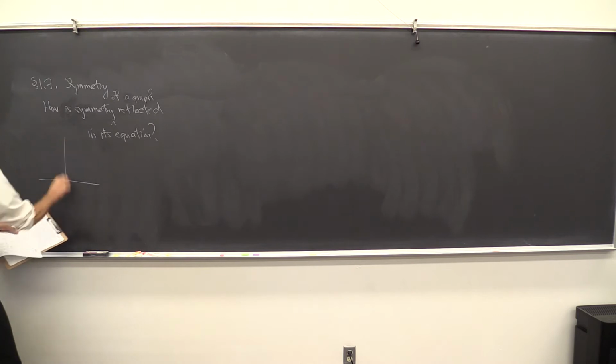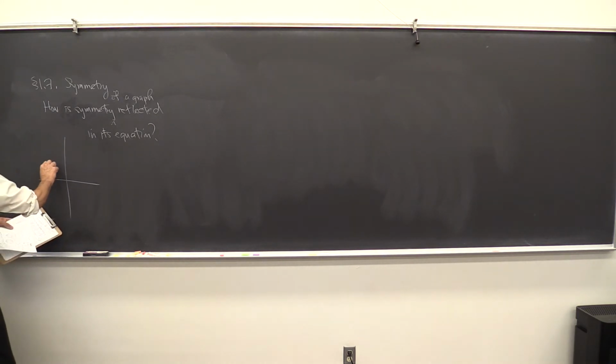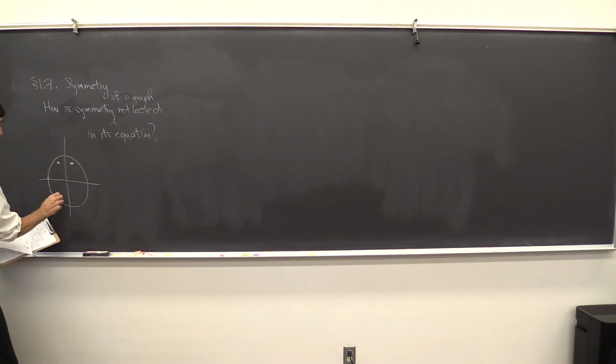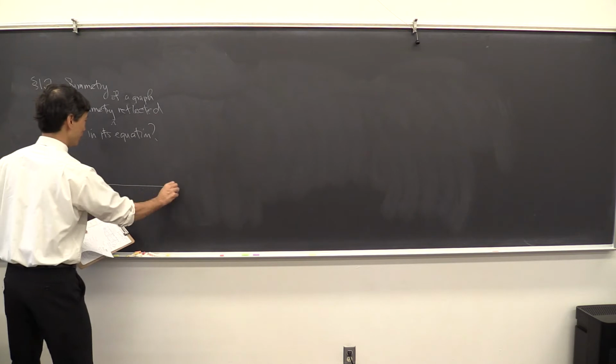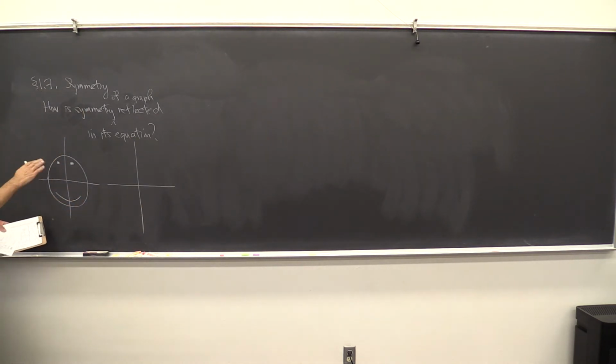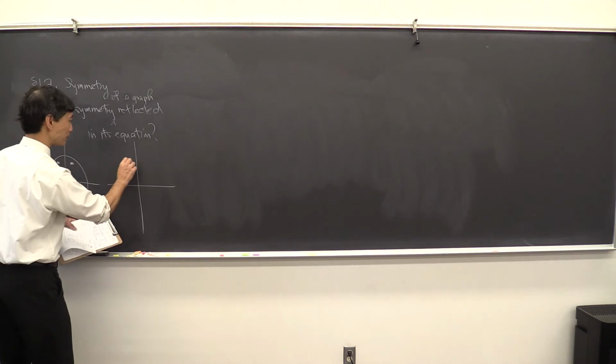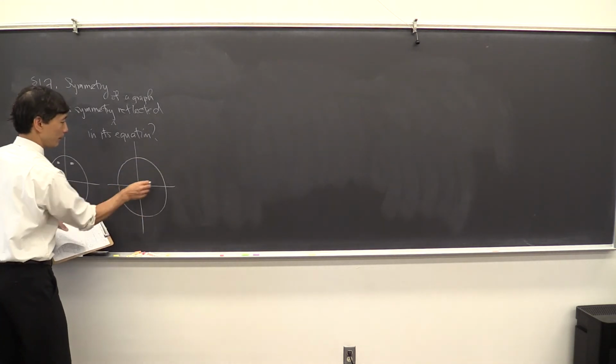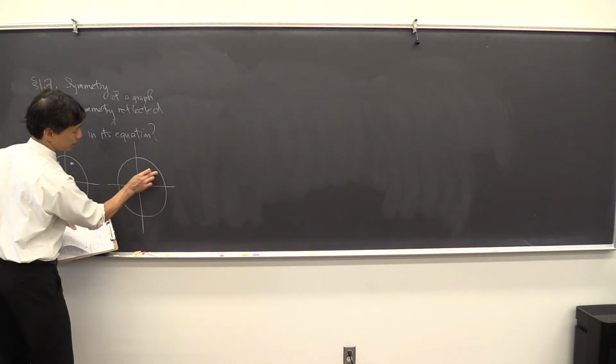So you could have something like a circle. It's got eyes, it's got a mouth. That has some symmetry, right? You see that it's got this left-right symmetry. I'm going to turn it sideways.